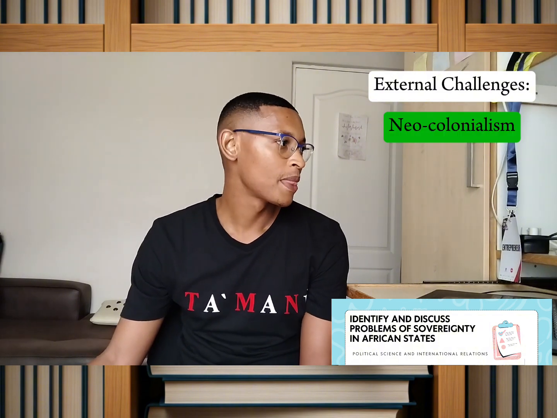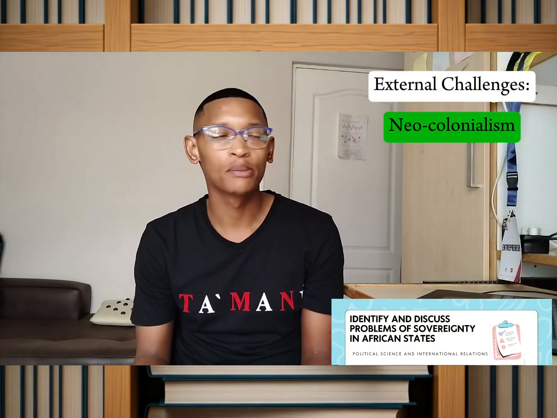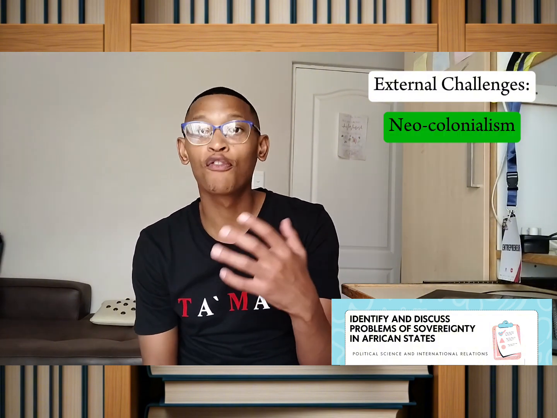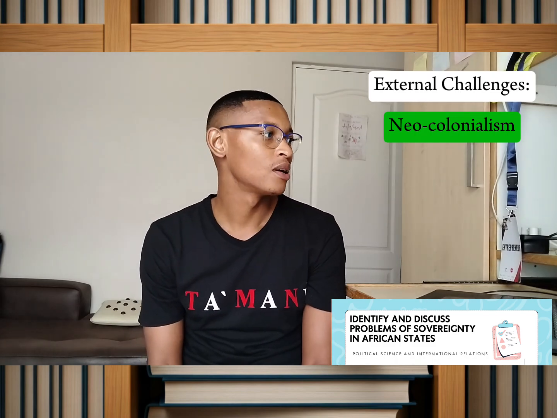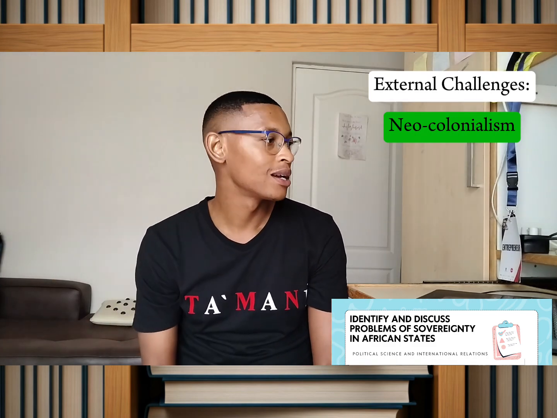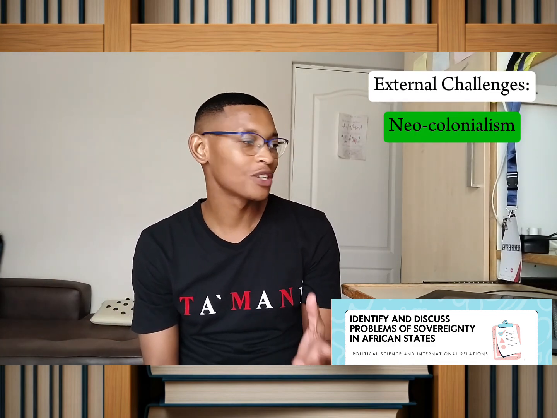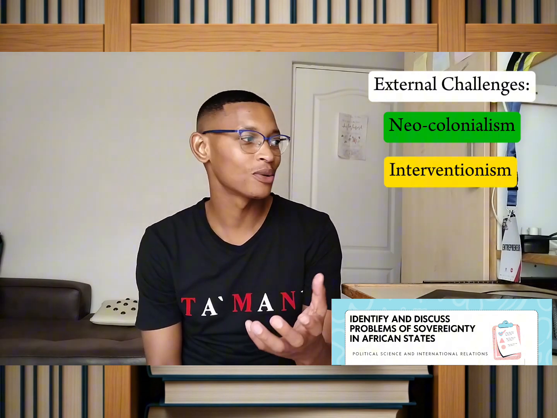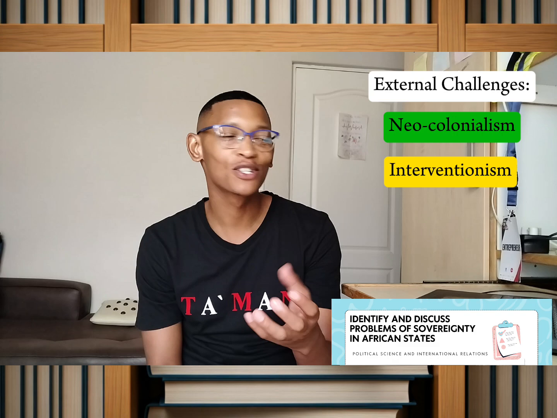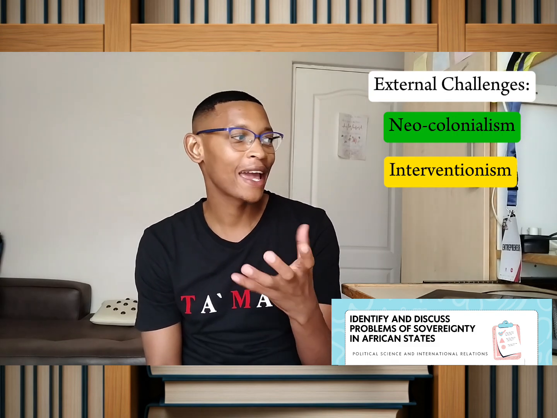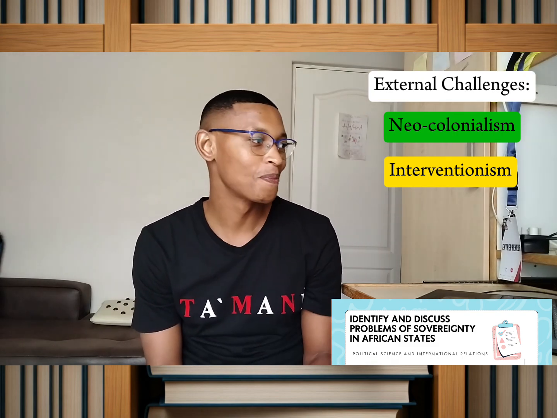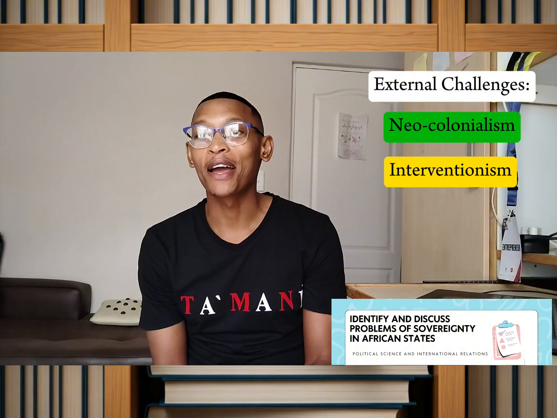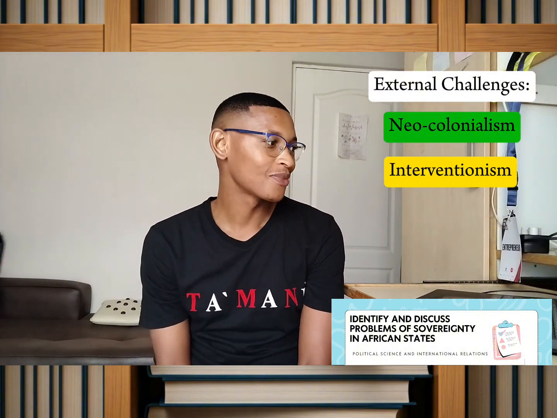One of the external challenges is neocolonialism, which is economic and political influence from former colonial powers or other external actors. We look at interventionism, which is military intervention by foreign powers, often under the guise of humanitarian aid or counter-terrorism. I think we have many examples.